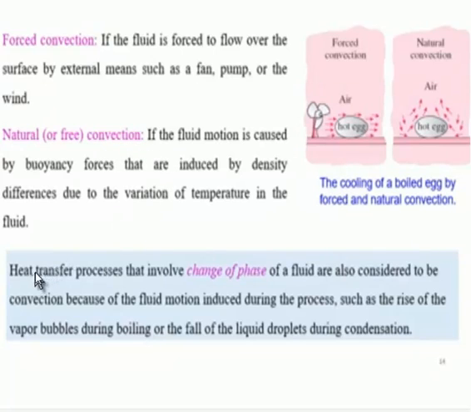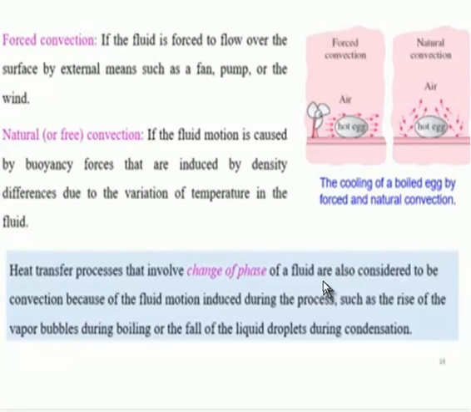Now, heat transfer processes that involve change of phase of a fluid are also considered to be convection, because of the fluid motion induced during the process, such as the rise of vapor bubbles during boiling and the fall of liquid droplets during condensation. Suppose liquid water is converted into a gaseous state.